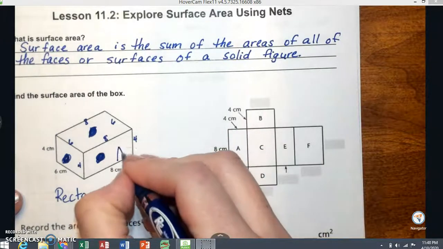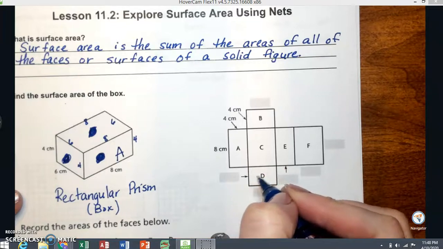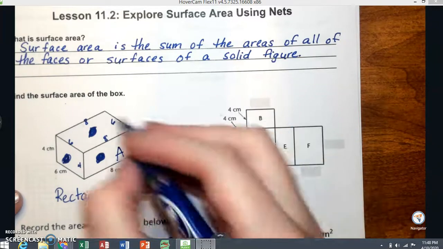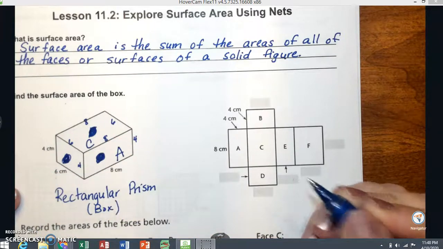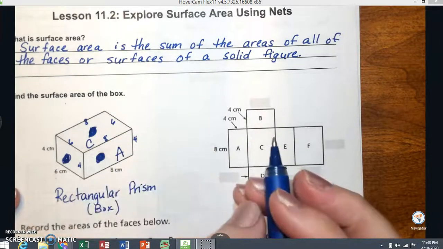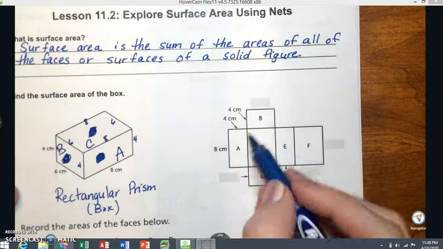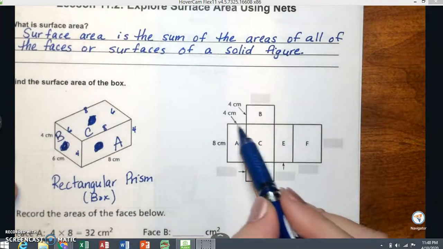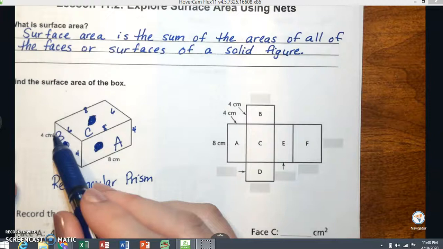Let's go ahead and label this one A. And then we'll label this C. And we'll just go ahead and label this one B.